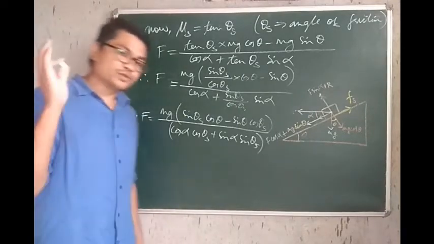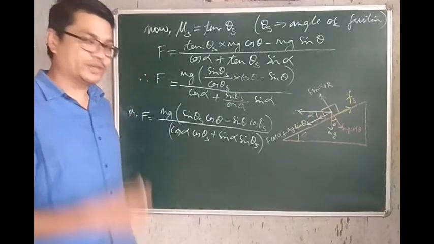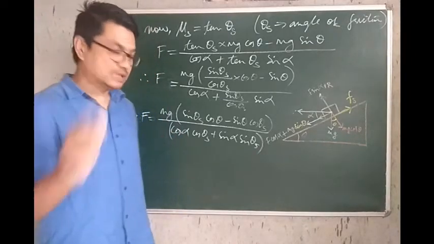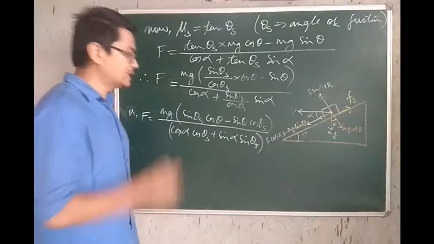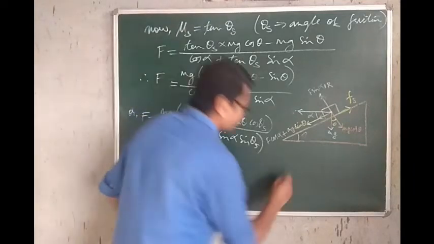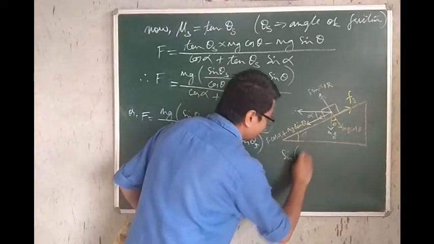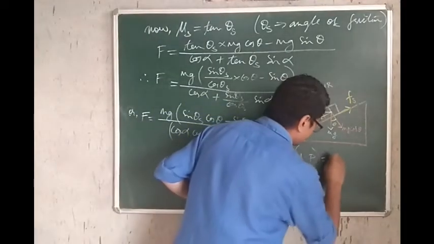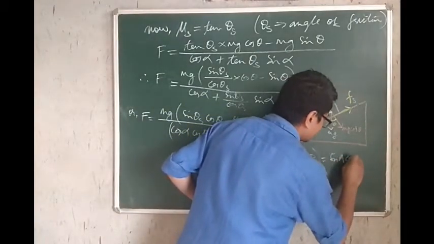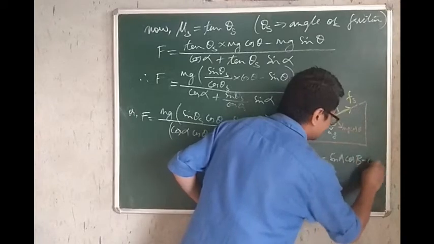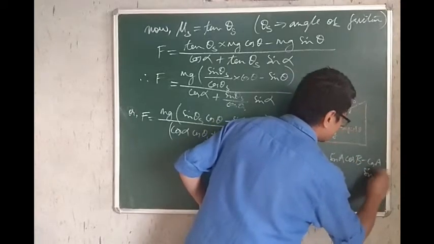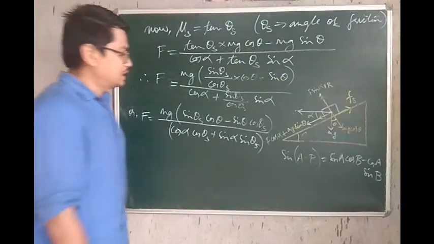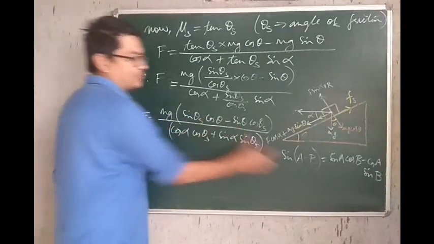Now, I don't know whether you've learned this in mathematics or not when you are doing trigonometry, and if you haven't, you will very soon learn about this. That is sin of (a minus b) will give you sin a cos b minus cos a sin b. This is the formula. So this is in that form.